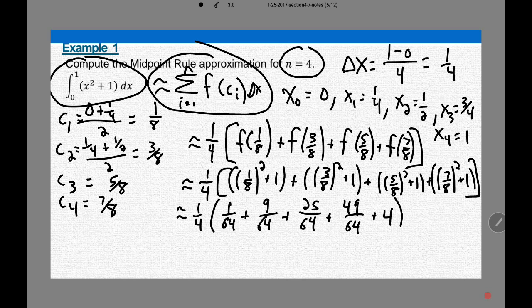If we add all those up and make 4 into 64ths, we're going to get 1/4 times 340 over 64.